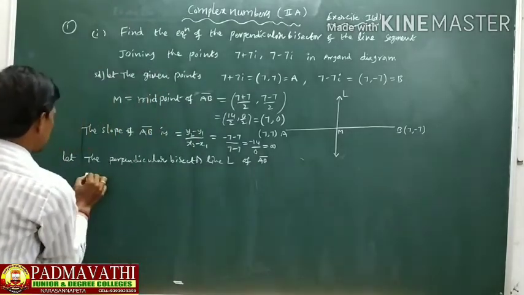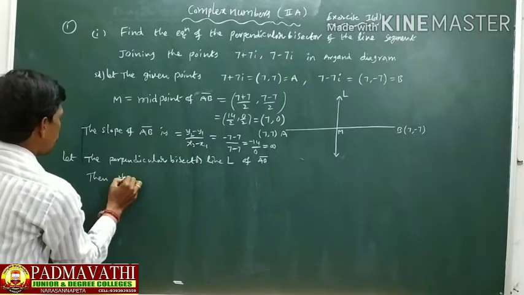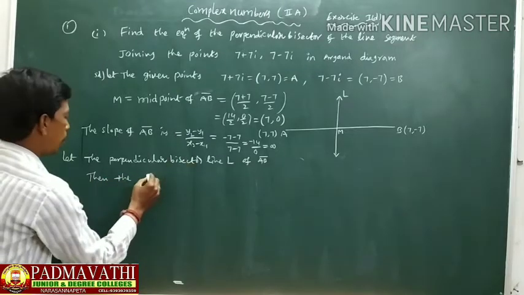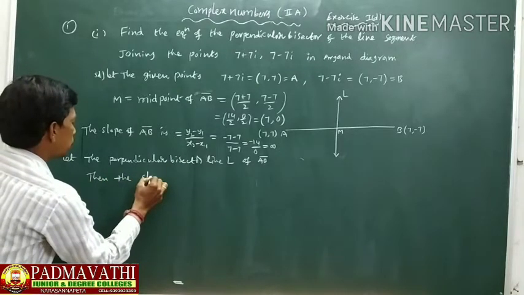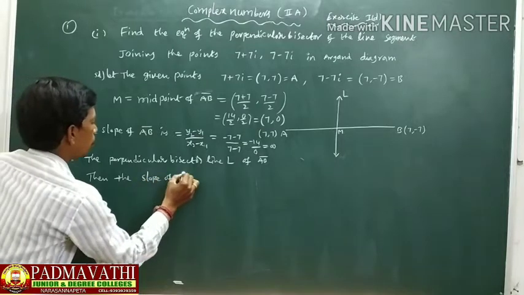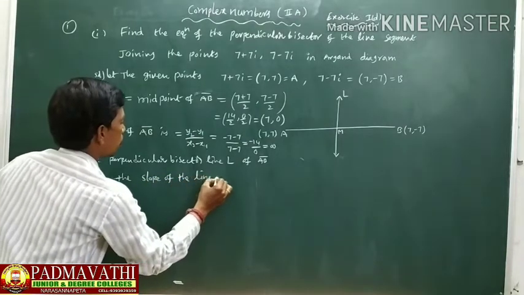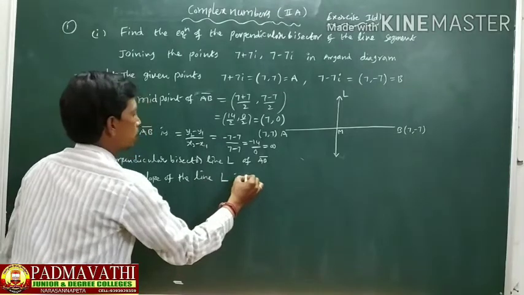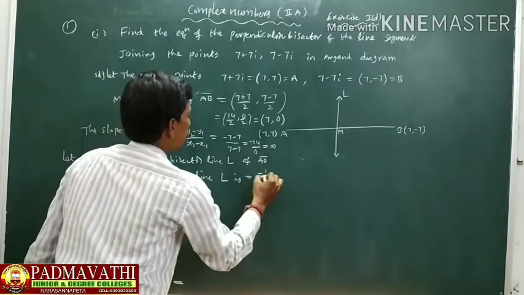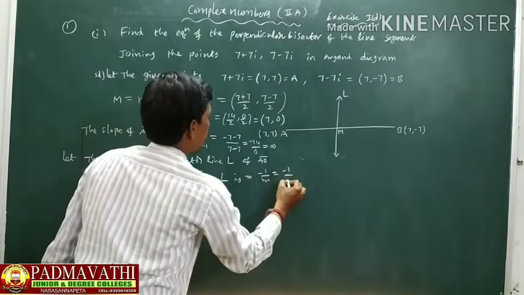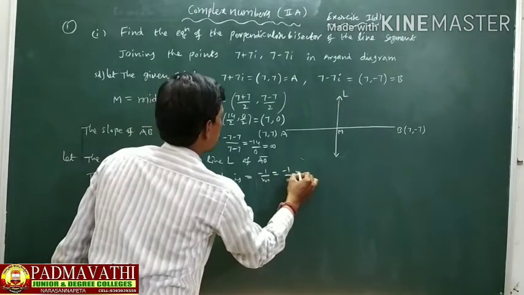Then the slope of AB is infinity, so the slope of the line L is minus 1 by m, that is minus 1 by infinity, that is 0.